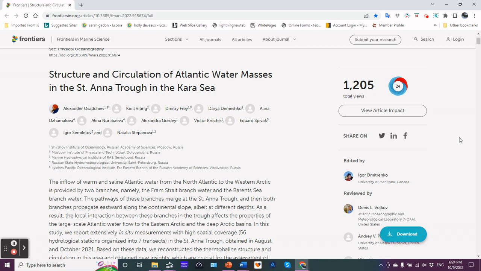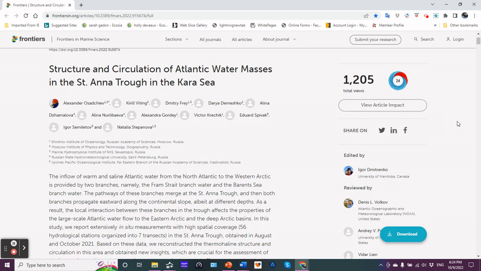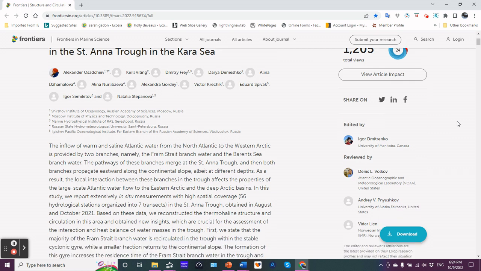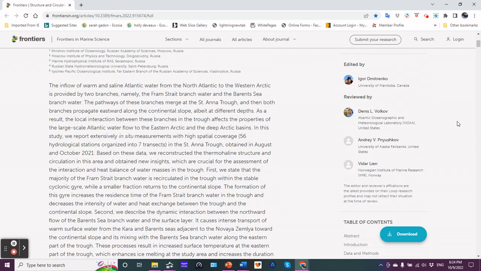This paper narrows in on what's happening in this specific location, the St. Anna Trough in the Kara Sea. But as we're going to see, this does tie into overall what's happening in the Arctic Ocean. Now, as I said, this is a very detailed paper. I will leave the URL link in the comments section for those who wish to explore it further.